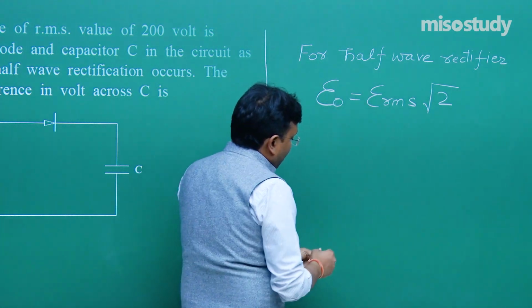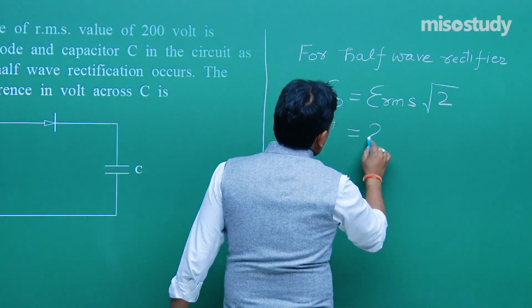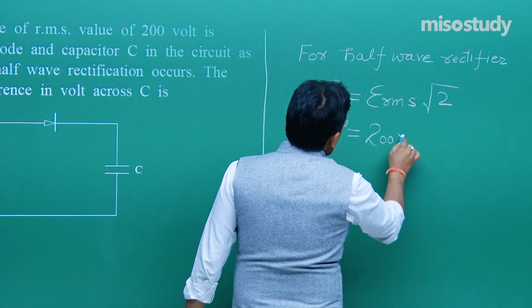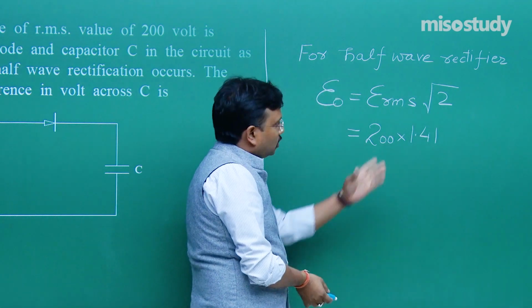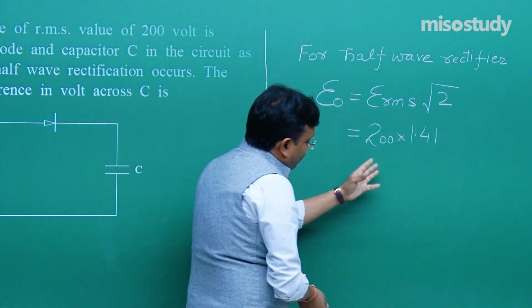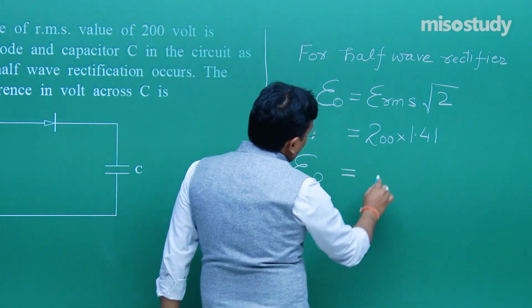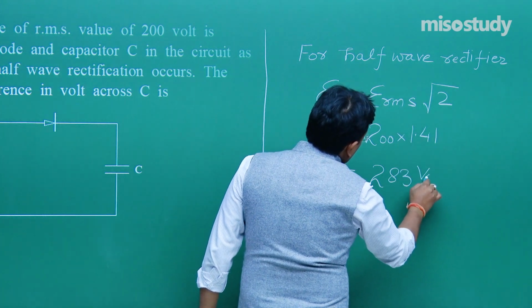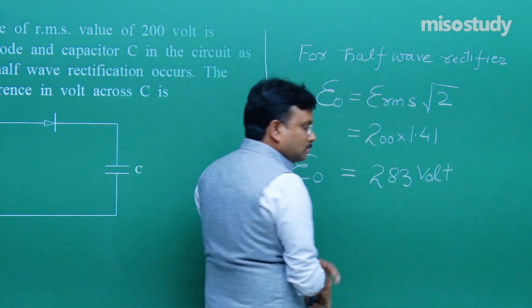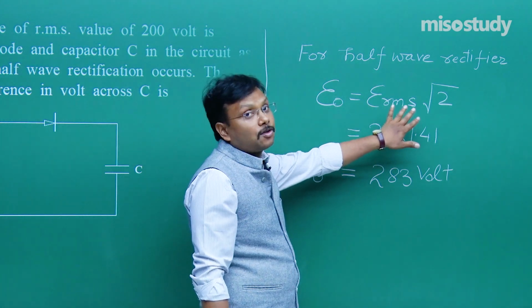Let us put the values over here. So it is 200 into 1.41, root 2. Once you multiply it and solve, you will get E naught as 283 volt. So here important is this formula, this concept.